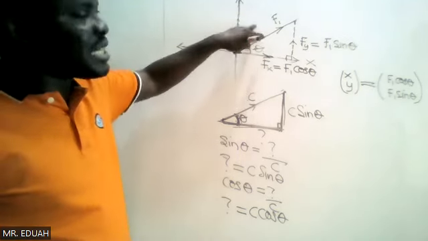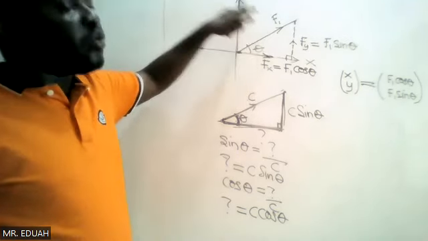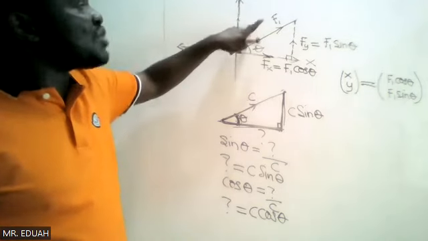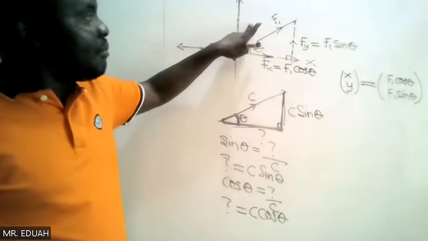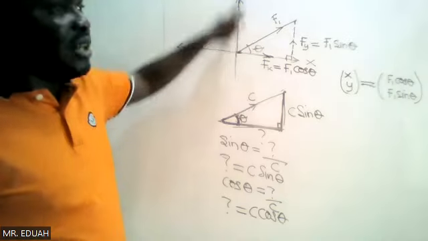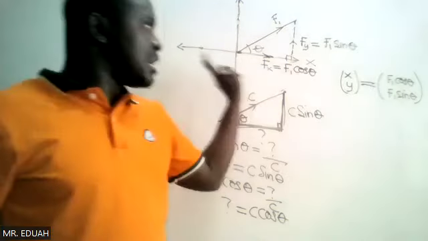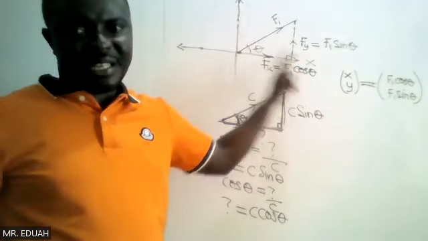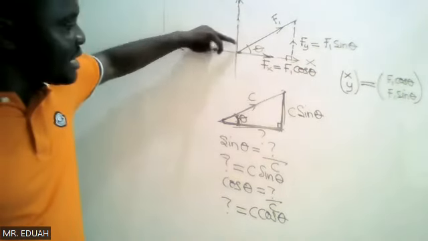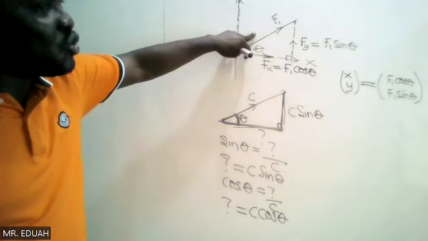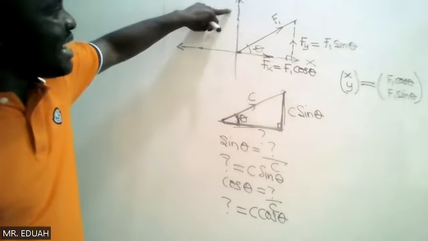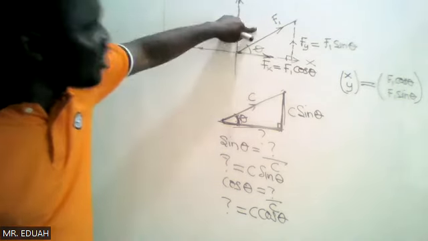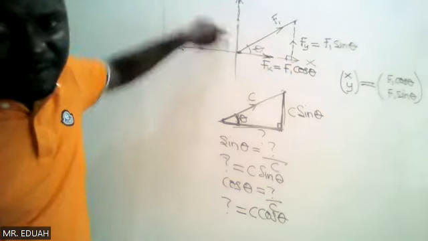I can also resolve the same force F1 when I consider the angle it makes with the vertical. Earlier we considered the angle the force makes with X. We can also resolve this force F1 into components considering the angle the force makes with the Y-axis.